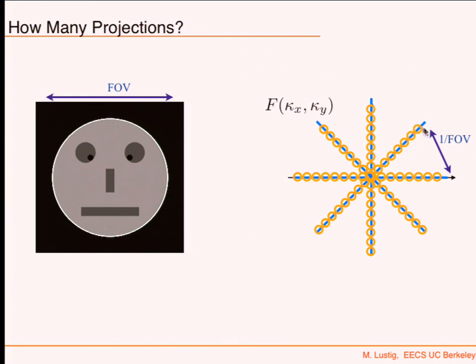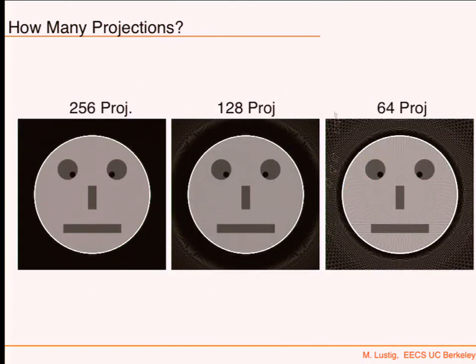So we want this one to be about 1 over field of view from this one. The furthest away. And if you don't, that means the high frequencies are going to alias. And so you get this result, where you start getting high-frequency aliasing or streaking artifacts.